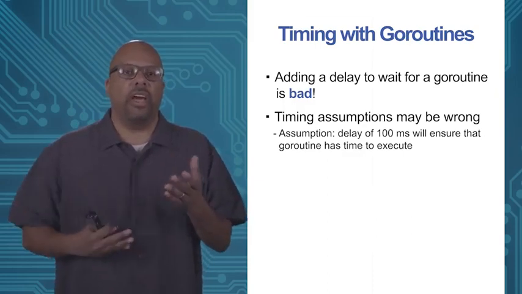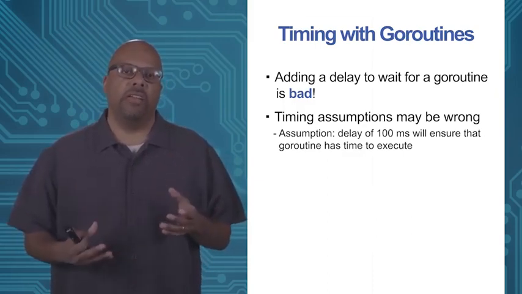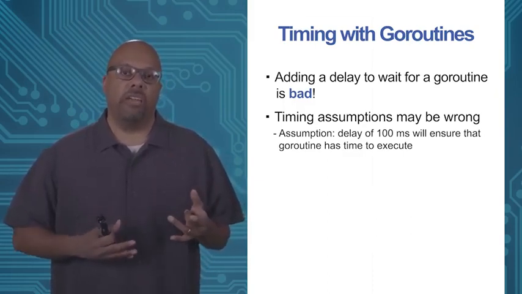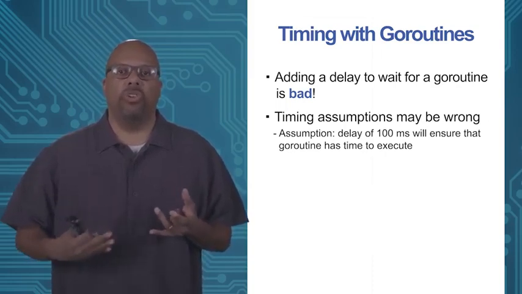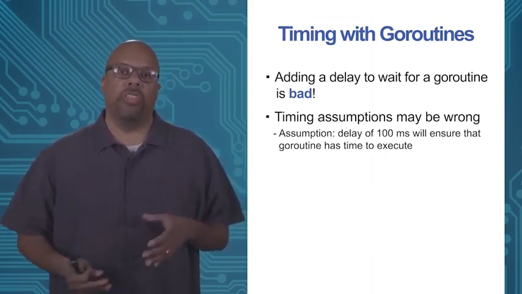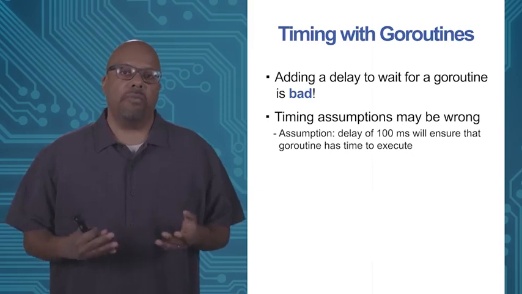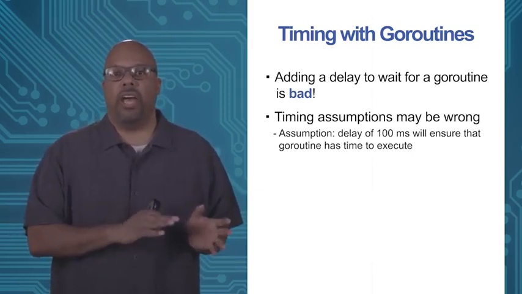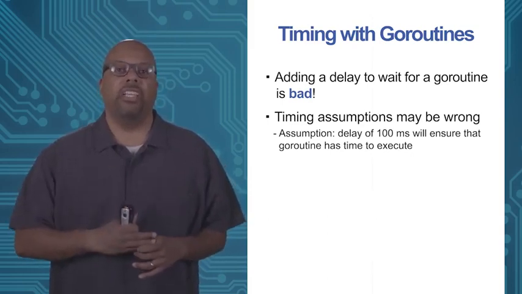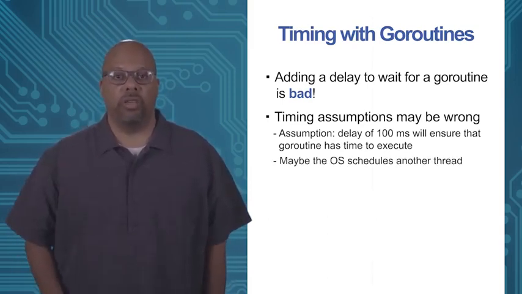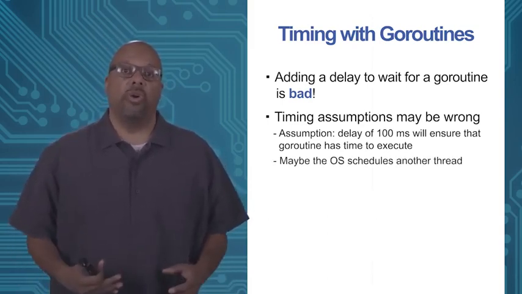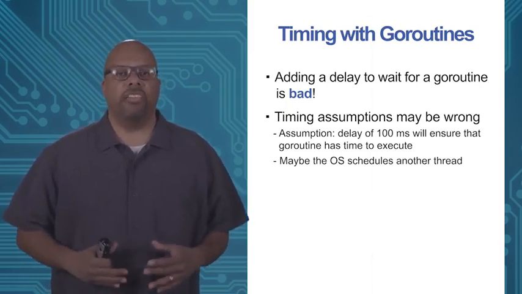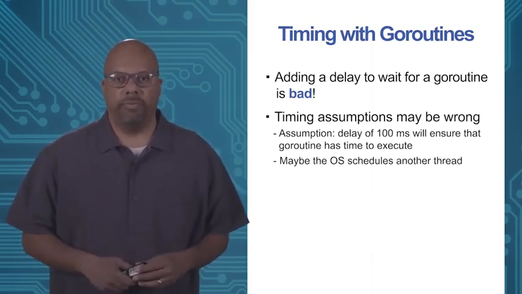If you remember, there's an operating system thread that all the Go code is running in. The operating system might just say, look, I'm going to take that thread out, context switch it, and bring in an entirely different thread. Maybe it'll bring in PowerPoint or something running on this machine, so that it might use that 100 milliseconds in a way that I don't anticipate.